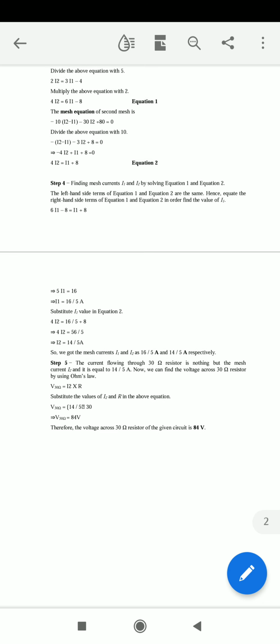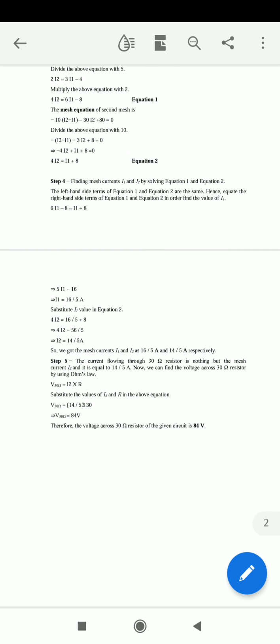The final equation gives I1 equal to 16 divided by 5. Then applying I1 into equation number 2, we get I2 equal to 14 divided by 5 ampere.